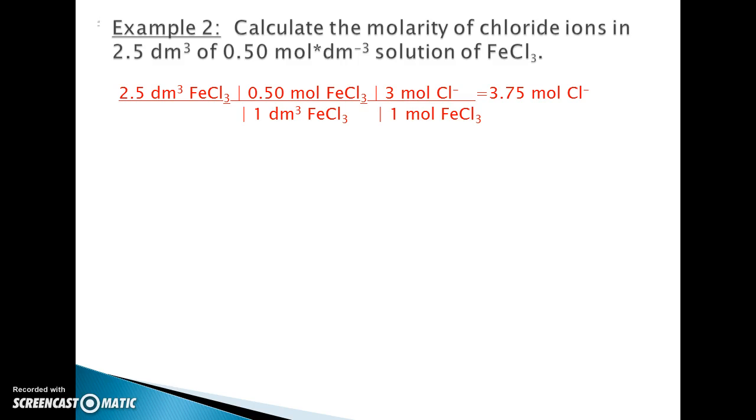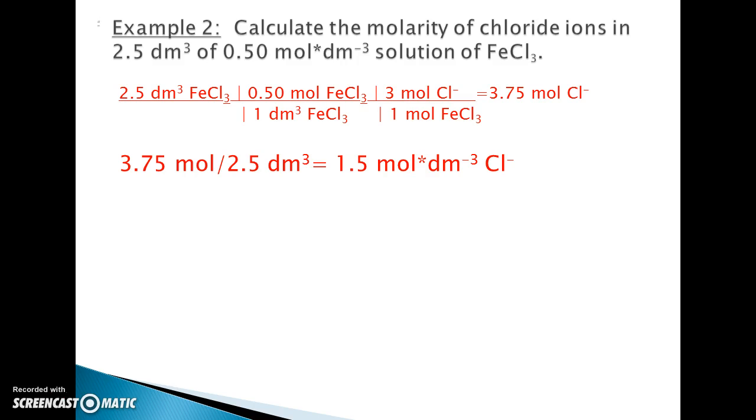So the same thing is true when I talk about moles instead of molecules. For every 1 mole of iron 3 chloride, I'll produce 3 moles of chloride ions when it dissolves. So then I get 3.75 moles of chloride ions. Since I want the molarity, I then need to divide by the volume again to get the molarity of 1.5.